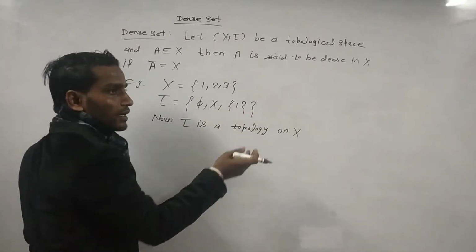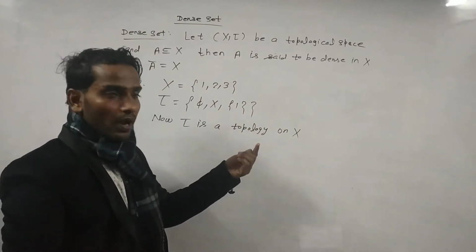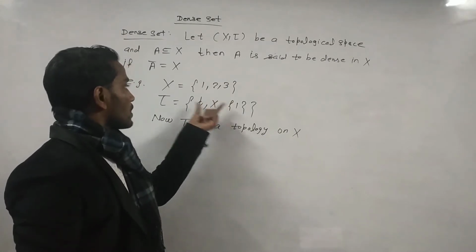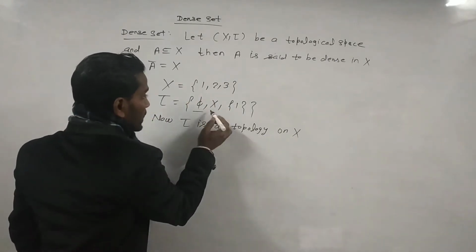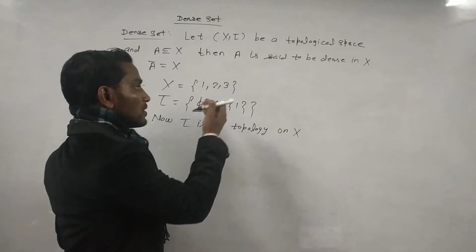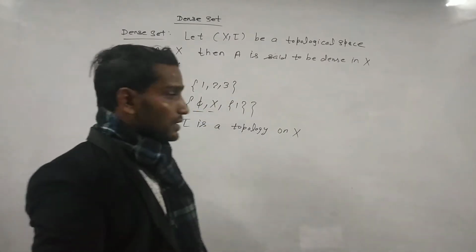Finite intersection: if we take any two elements of tau, then their intersection also belongs to tau. Phi and X belong to tau, so tau is a topology on X.